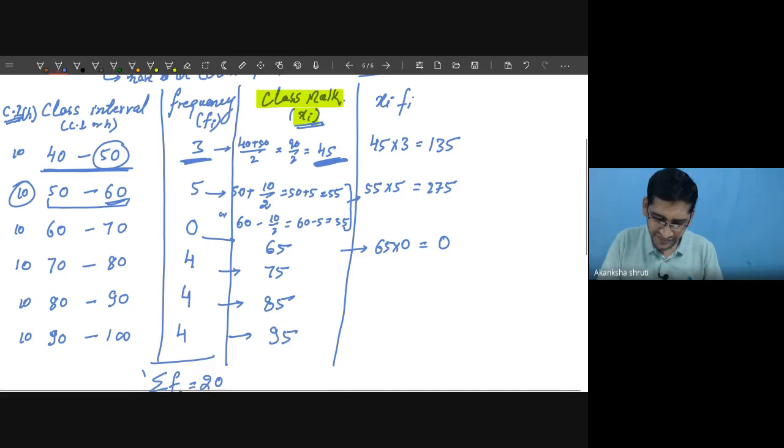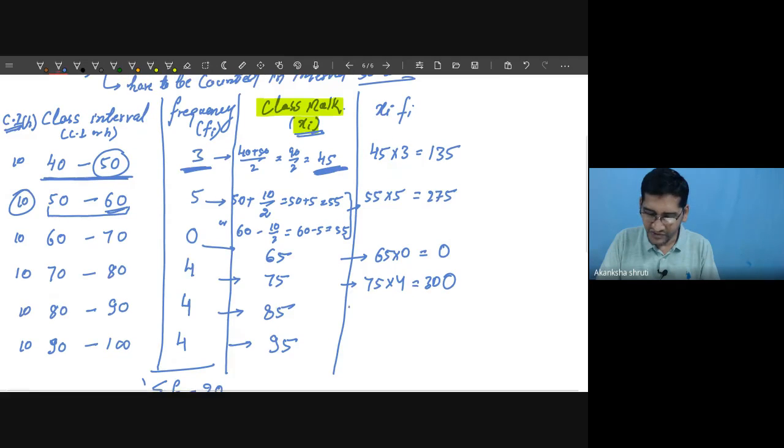Good number. Then 75 by 4. Multiply it. 5 4s are 20, so 30. Go for the next one. 85 into 4. Again, this 85 and this 4 we are taking.